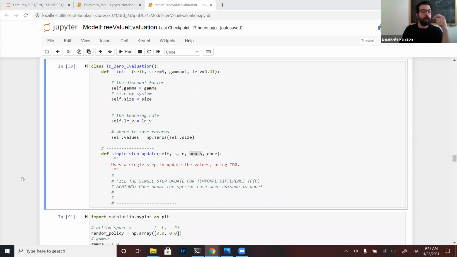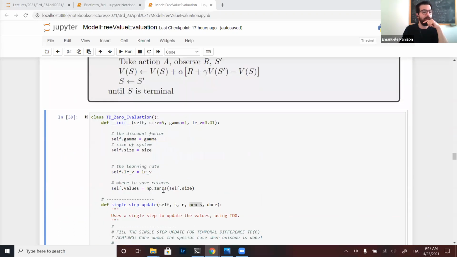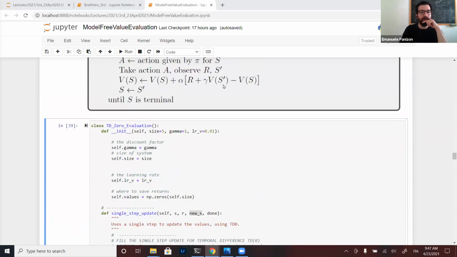You can again spend a few seconds to think what is the update to write here, and it's just this line here. I will give you 2 seconds.